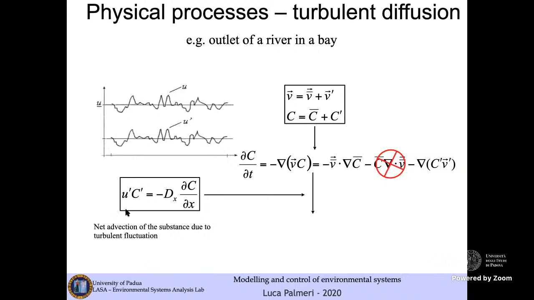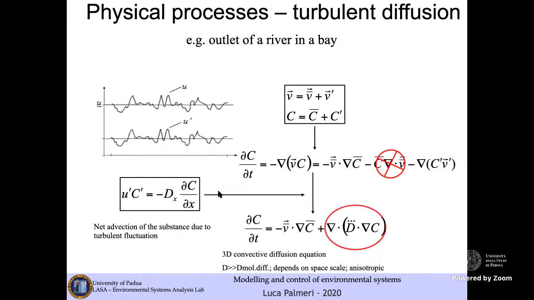And the net advection of a substance due to turbulent diffusion is exactly the perturbation in the speed times the perturbation in the concentration, that is equal to minus a diffusion coefficient. This is one dimension, so in the x direction, multiplied by the gradient or change of concentration in the x direction.